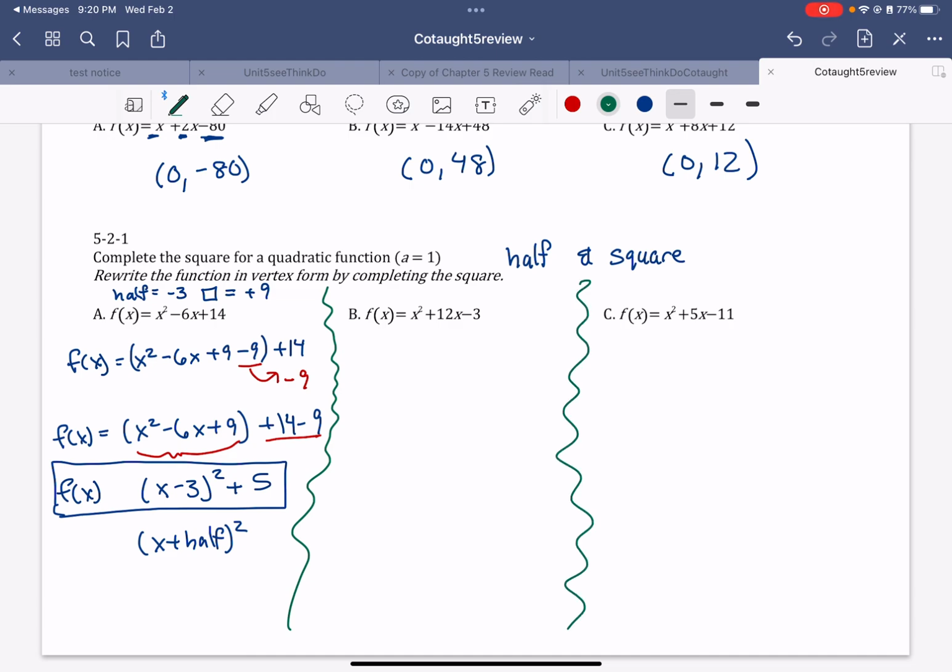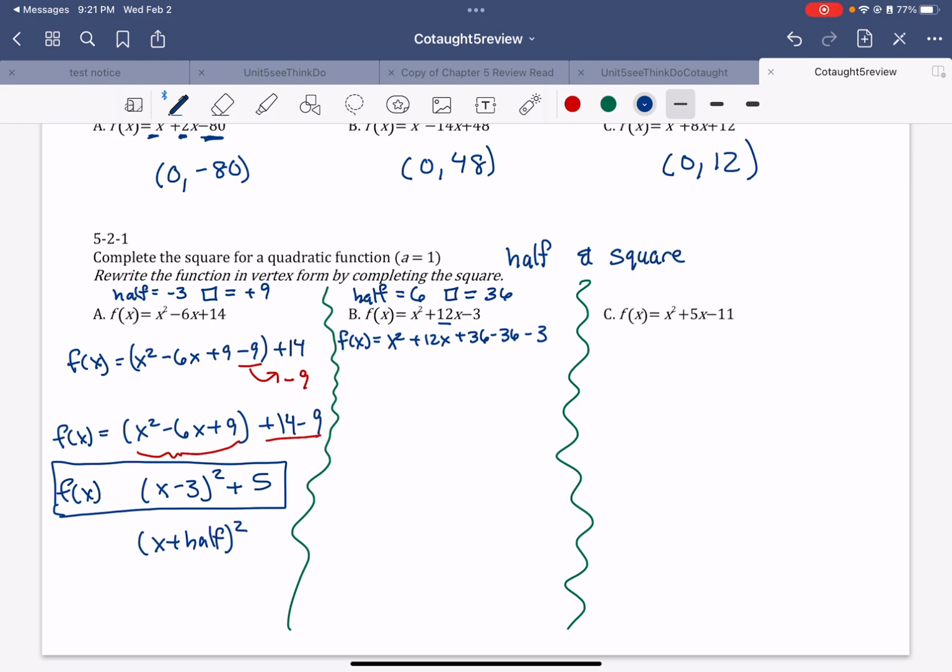All right, part B, let's find my half. My half, I'm looking at half of 12, so half of that is 6. And then my square, 6 times 6 is 36. So I will do f of x equals x squared plus 12x plus 36 minus 36 minus 3.